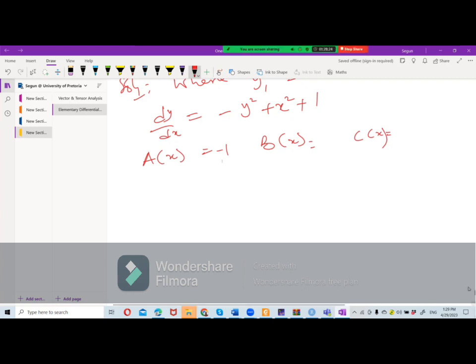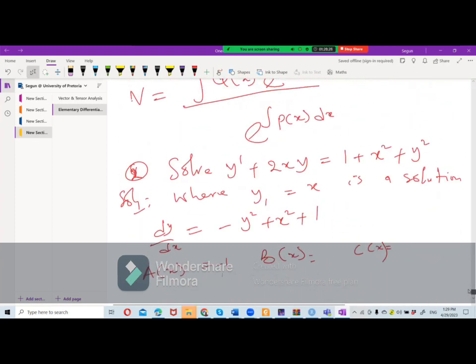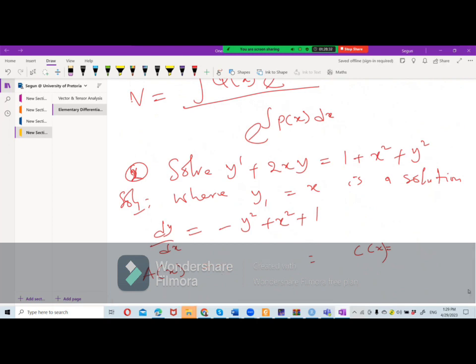Okay, let me see the question I gave you. Oh, I'm solving question 2 already. Sorry, because we have 2xy there. So here we have y1 and this. Then here we have dy/dx equals.